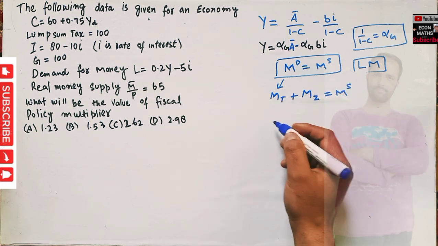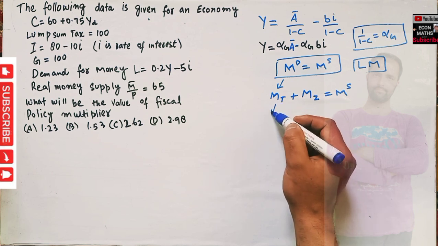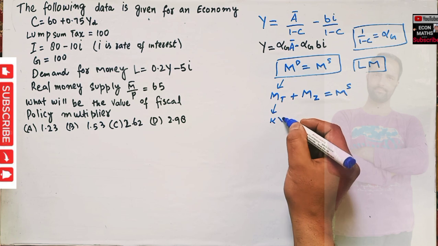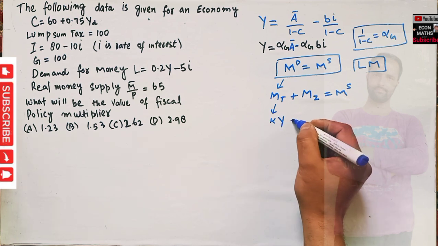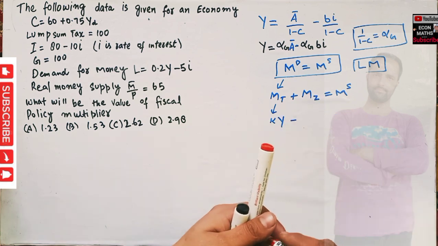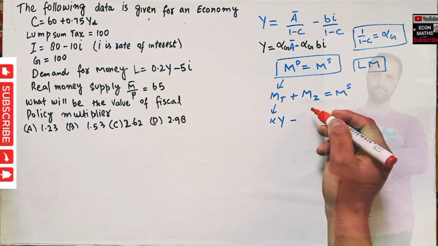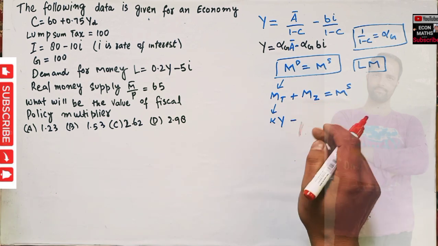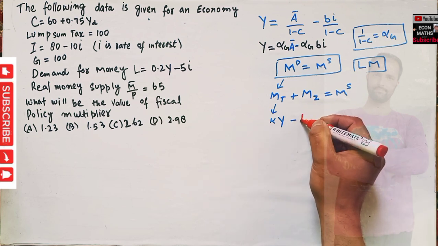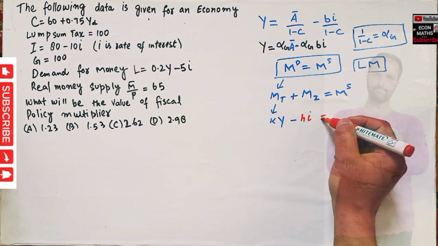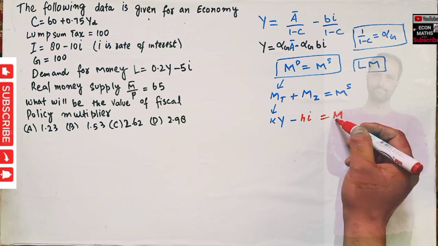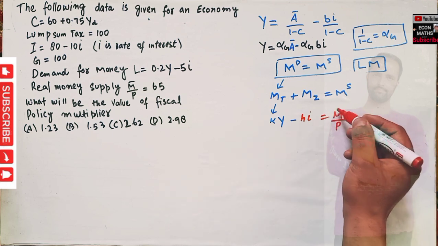The transactionary demand for money is a positive function of income, so let me write it as k times Y, minus h i, since the speculative demand for money is a negative function of the rate of interest. It should be equal to money supply, which let us denote by M upon P.